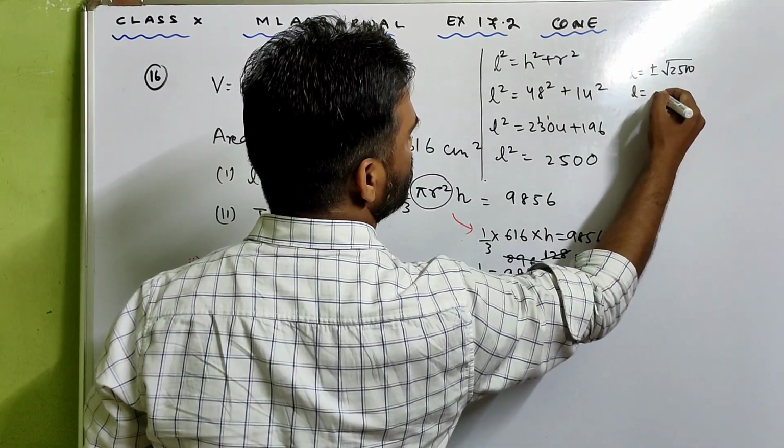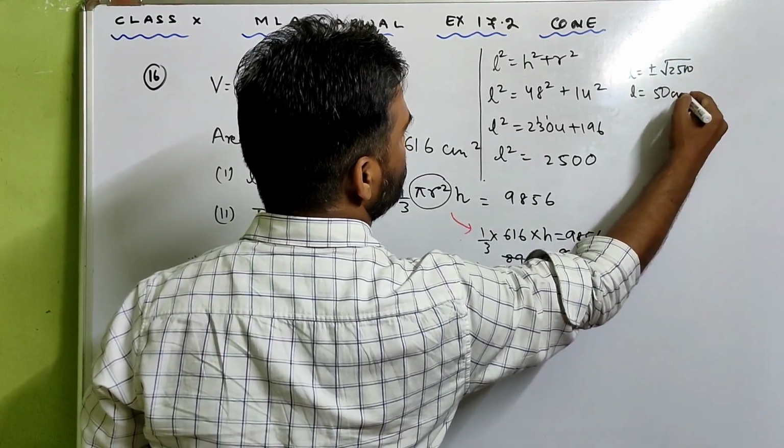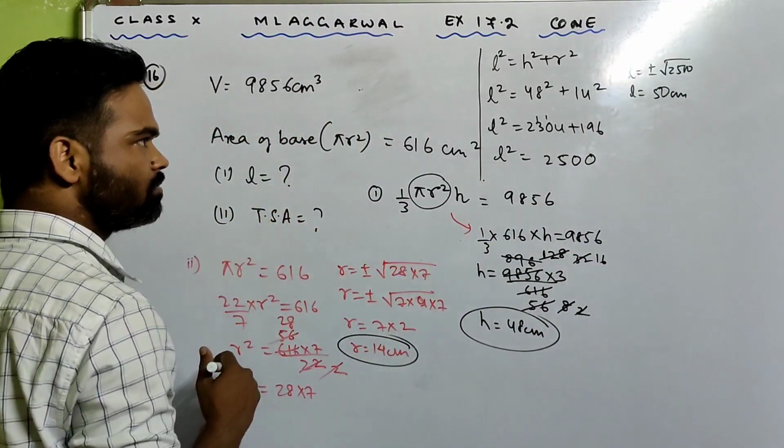L is nothing but plus minus 50, we will take 50 centimeter. That is your slant height.